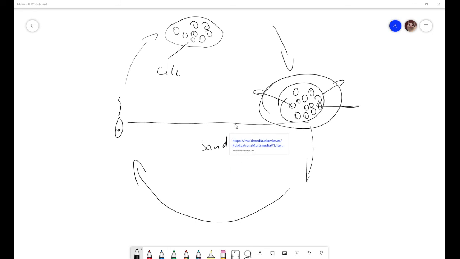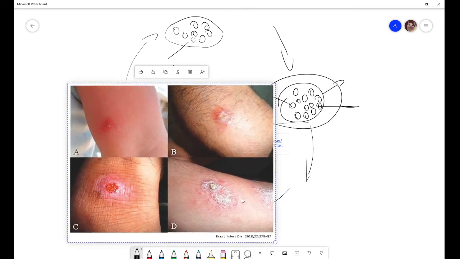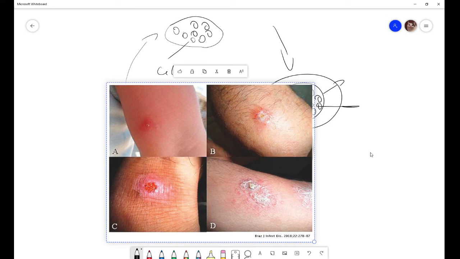No, it is not working. Okay, and we passed. It looks like this.